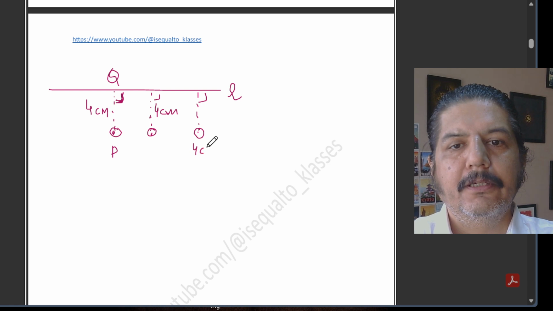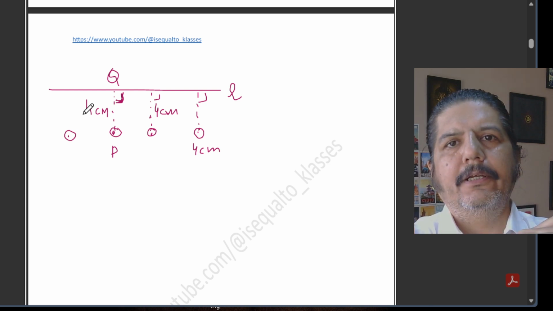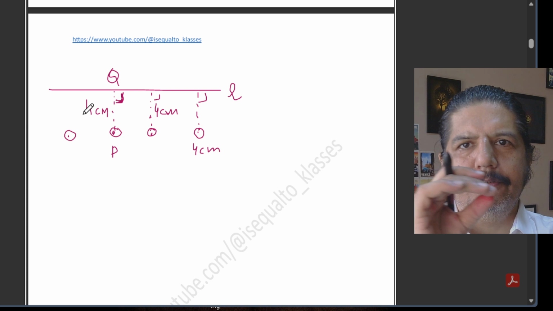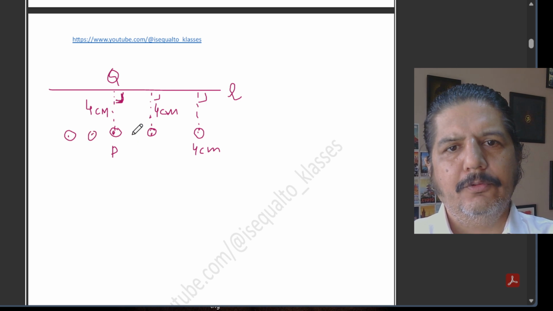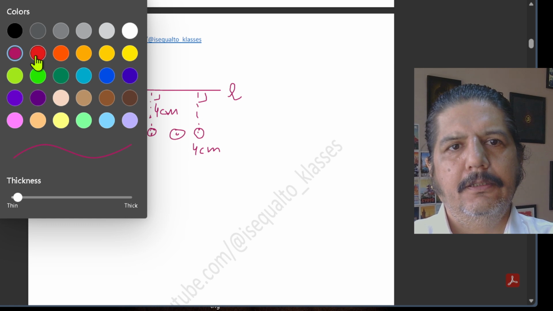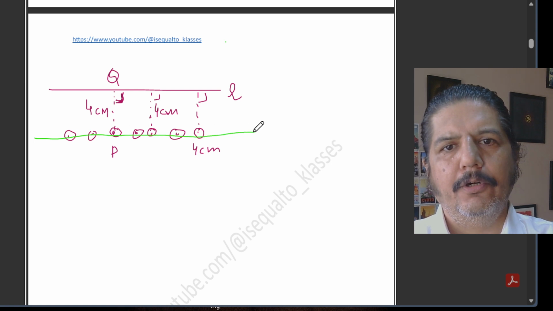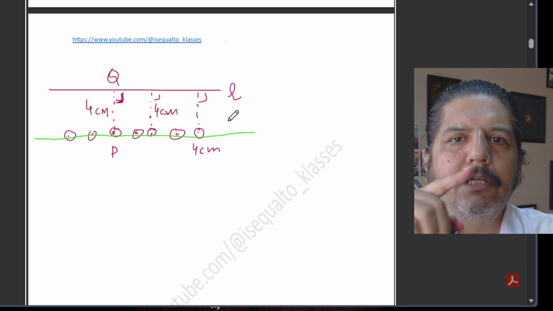So similarly, all the locations where the point can go is it can only go to locations where its perpendicular distance from the line is 4 centimeter. So if you are getting the point, this would be the path that the point can move so that its perpendicular distance from the line is 4 centimeter.